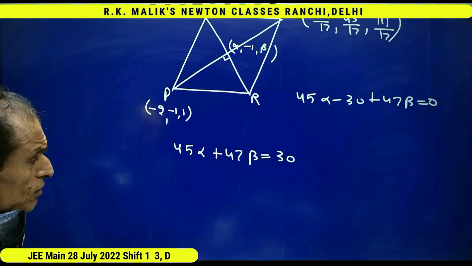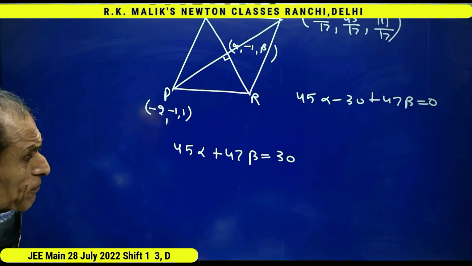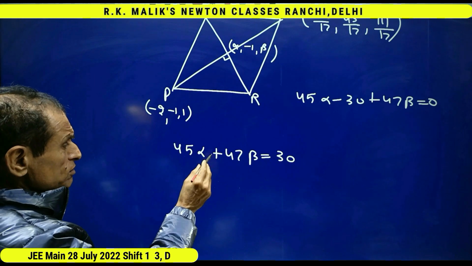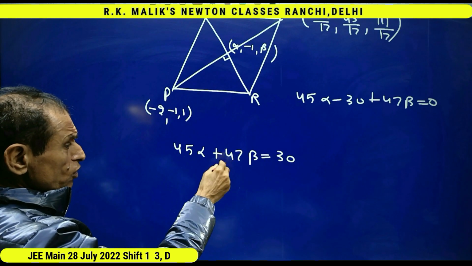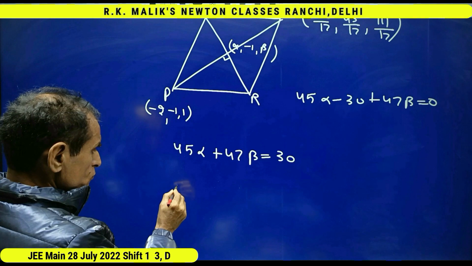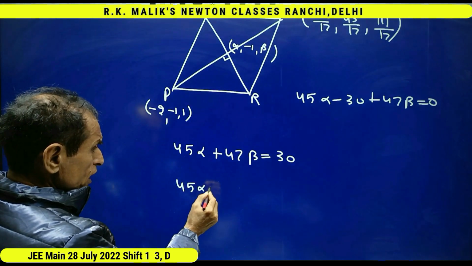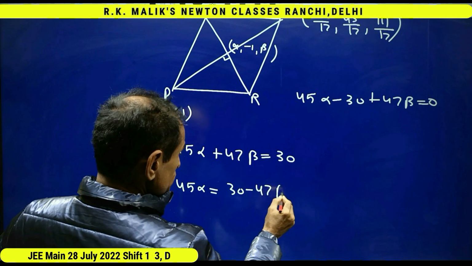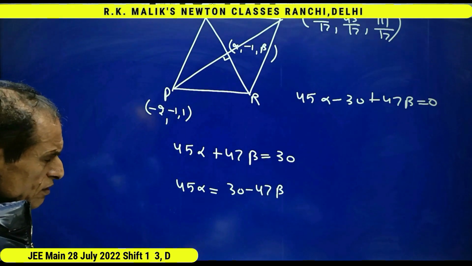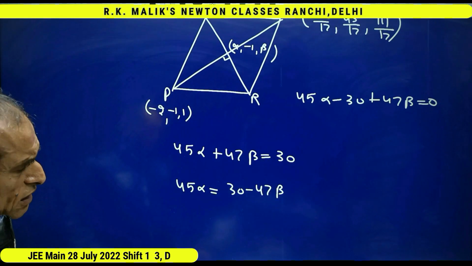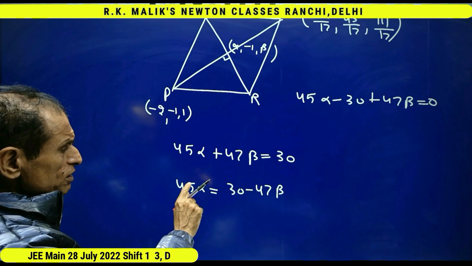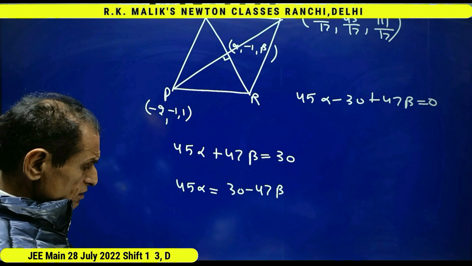As I had explained in the very beginning of this question, first I will take the number with higher coefficient on the right hand side. I get 45 alpha equal to 30 minus 47 beta. It is not difficult to think why I am taking the number with higher coefficient on this side.